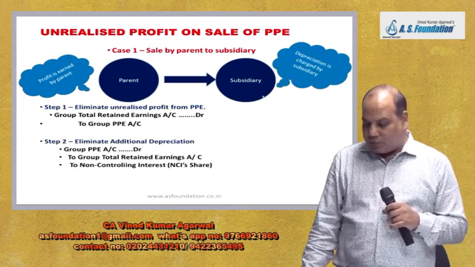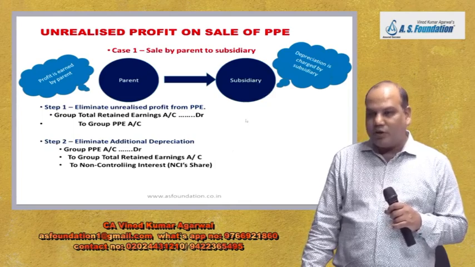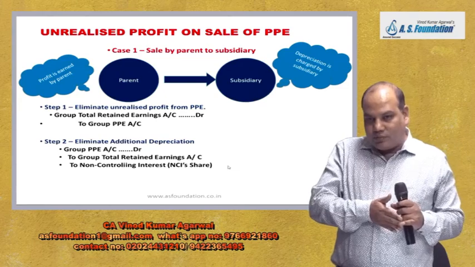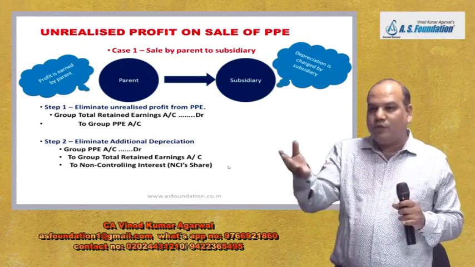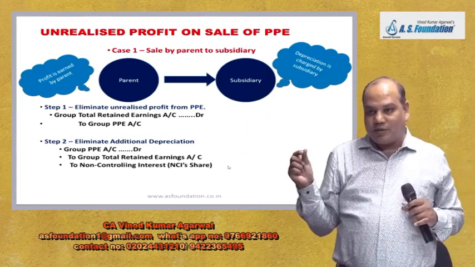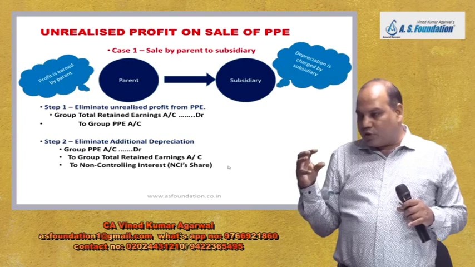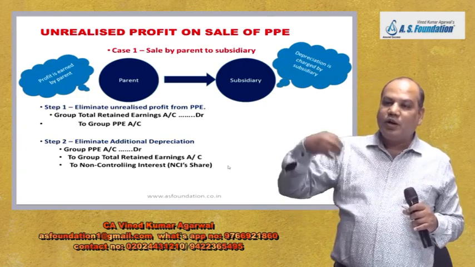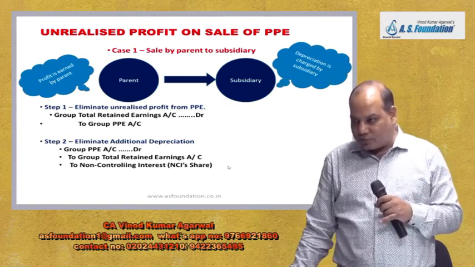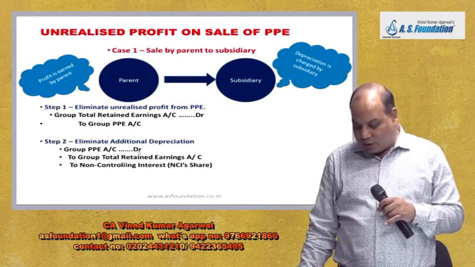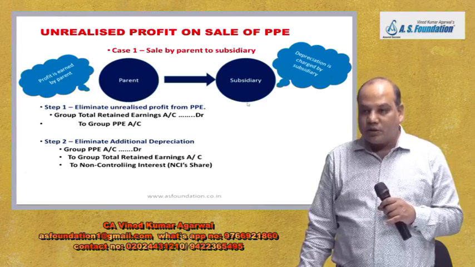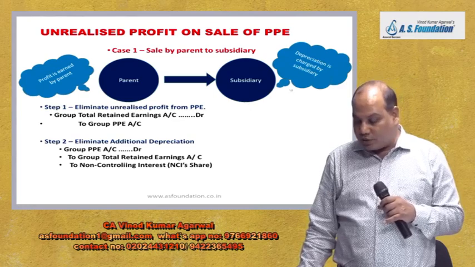Eliminate that additional depreciation which the subsidiary has charged. Additional means, suppose parent cost is 1000, sold for 1500. So they will provide depreciation on 1500, which means depreciation on 500 is provided extra. In any case, as a group, we would have provided depreciation on 1000. So we will eliminate that additional depreciation. In whose book is that additional depreciation charged, and who has suffered because of that?